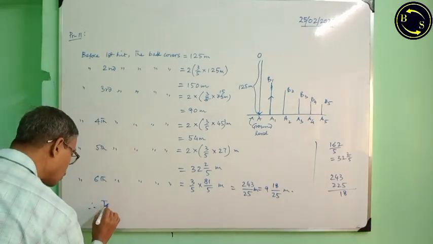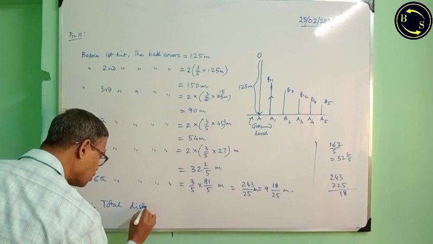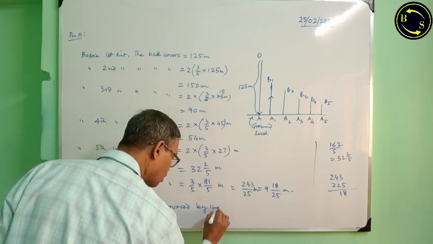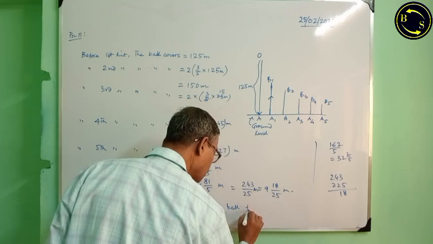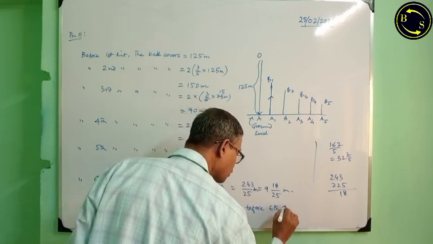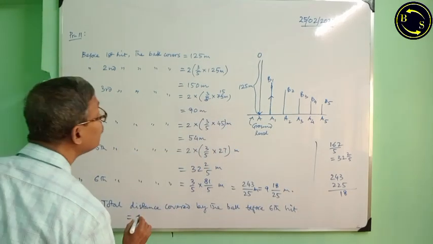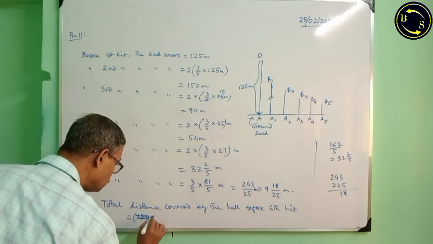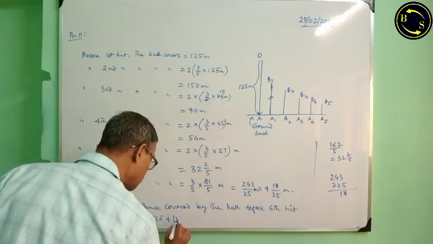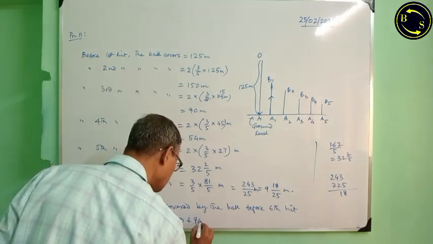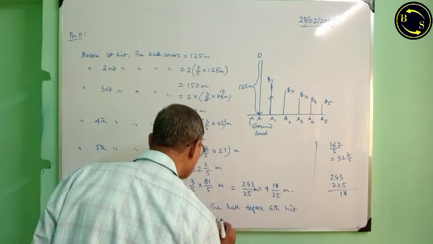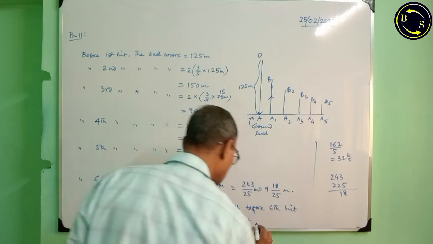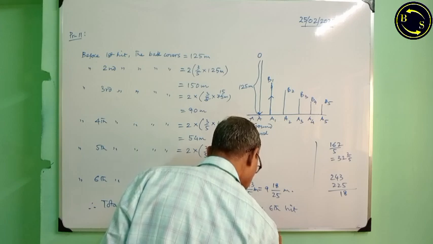Therefore, the total distance covered by the ball before the 6th hit is equal to first 125 plus 150 plus 90 plus 54 plus 32 whole 2 by 5 plus 9 whole 18 by 25 meter.